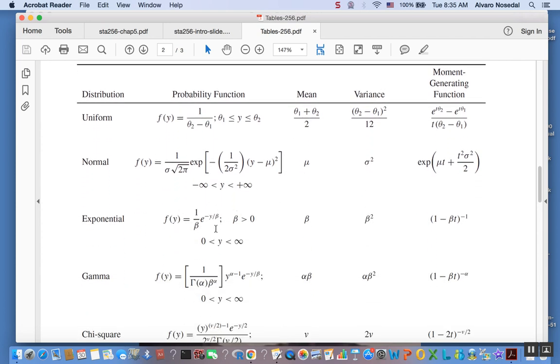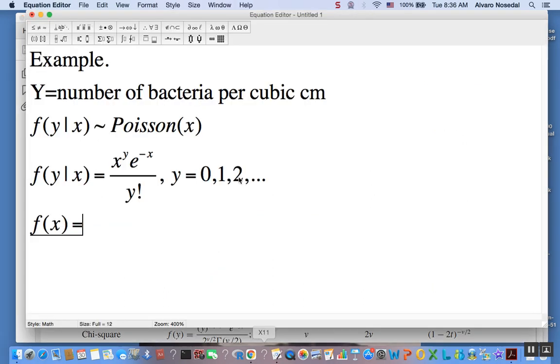The PDF of an exponential with parameter beta is 1 over beta e to the negative y divided by beta. So if beta equals 1, we are just left with f of x equals e to the negative x, and that expression is valid for positive x.